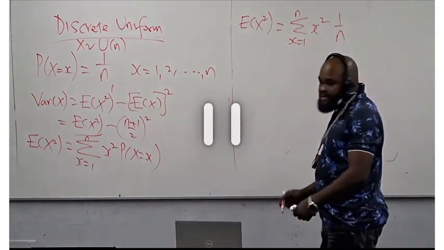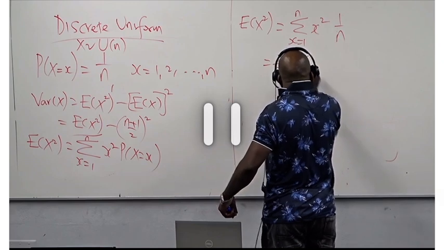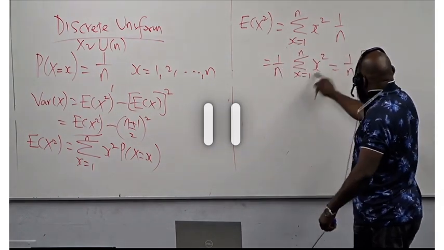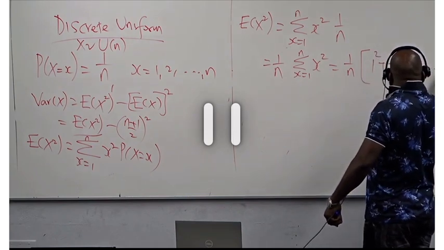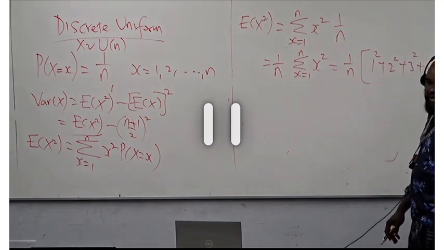And 1 over n is a constant, times the summation of s squared from 1 to n. What is that? 1 squared, 2 squared, 3 squared, until you get to n squared.